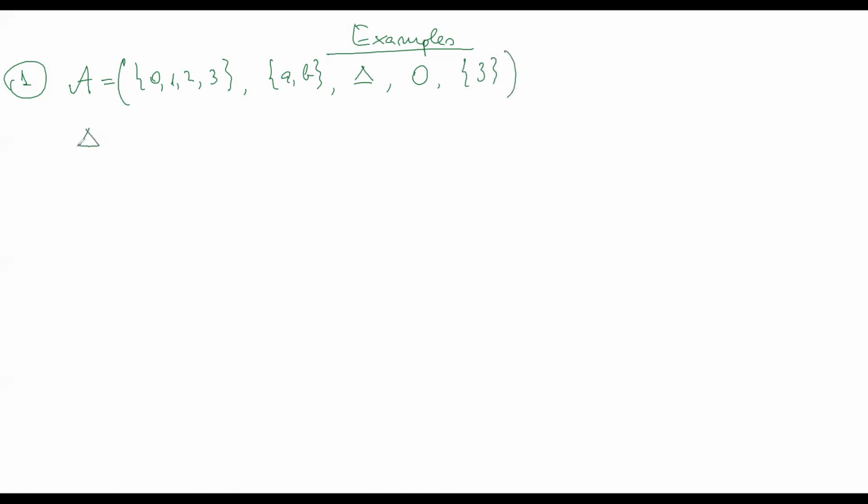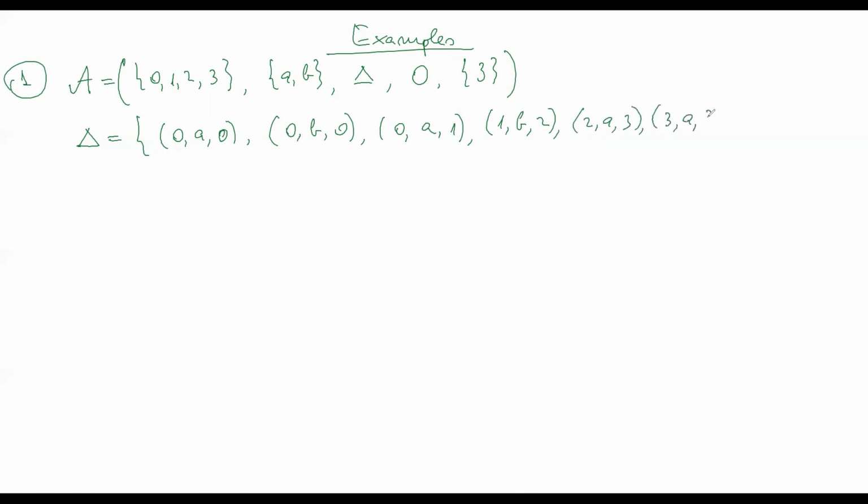And delta is defined to be this set of triplets. So I say 0, A, 0, and that means that in state 0, if I read letter A, then the next state is state 0. I have 0, B, 0. We have 0, A, 1, 1, B, 2, 2, A, 3, 3, A, 3, and 3, B, 3.